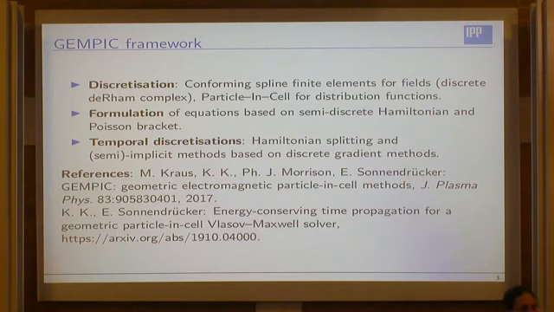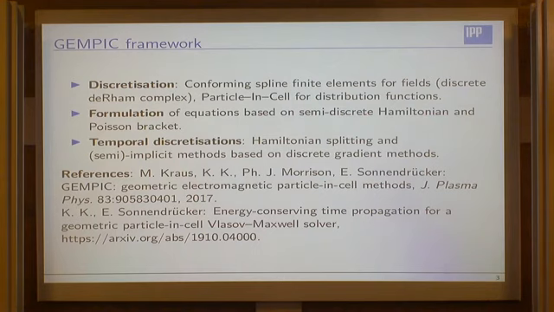Then you have to, of course, go to the temporal discretization as well. There, in the original paper, we used the Hamiltonian splitting. So you split the Hamiltonian, similar to what Aaron showed us earlier. You have different parts that you solve, and for this Cartesian grid that we had looked at there, we could solve the subsystems exactly.